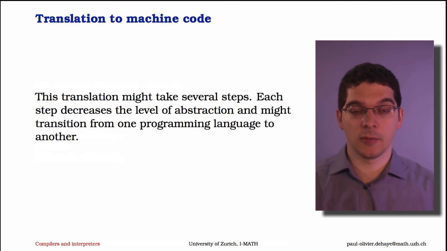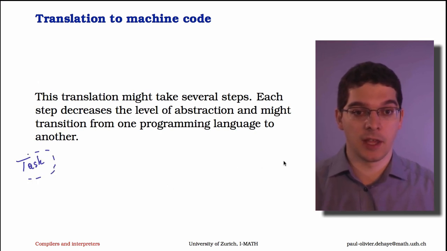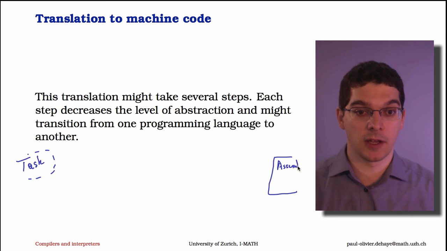So let's go back to this translation to machine code. So we're starting from some task that was very abstract, if you remember, and that's what the human wants to perform. And we want to have some program that can be run on a machine. So something I called assembly code. This was the language that the machine understood.